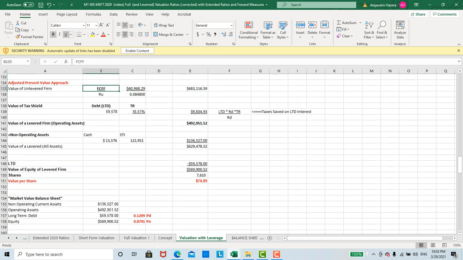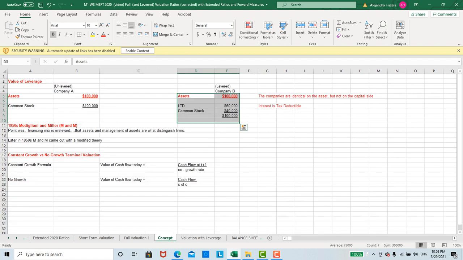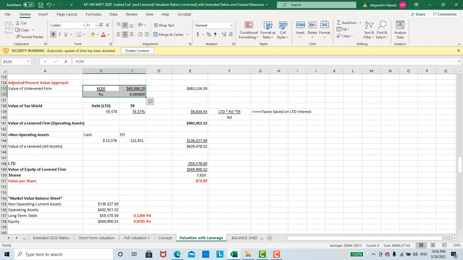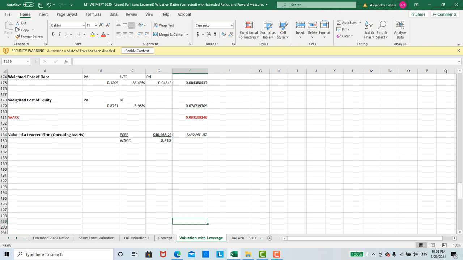Up here, we took a firm that we assumed was unlevered, added the value of the tax shield, and came up with the value of a levered firm, based on the theory that the only value of debt is the value of the tax shield. And we got the same number, 492, whatever it is. We got the same number down here.